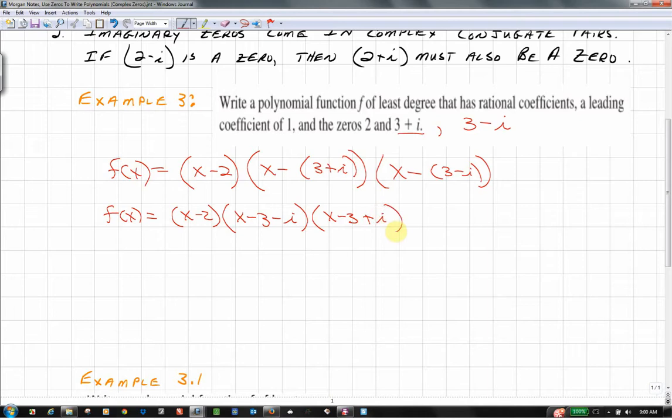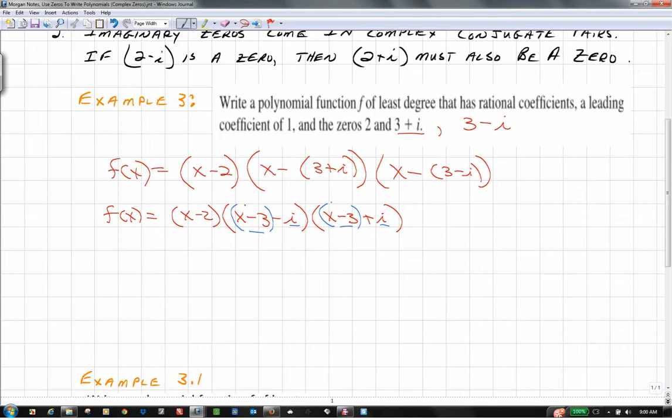Now I can multiply the first factor times the second factor, get a really large expression, and then multiply that by the third factor. That would work. But I'm going to use what I did with the irrational roots and recognize that I have an x minus 3 and an x minus 3, and an i and an i, but with a plus and a minus.